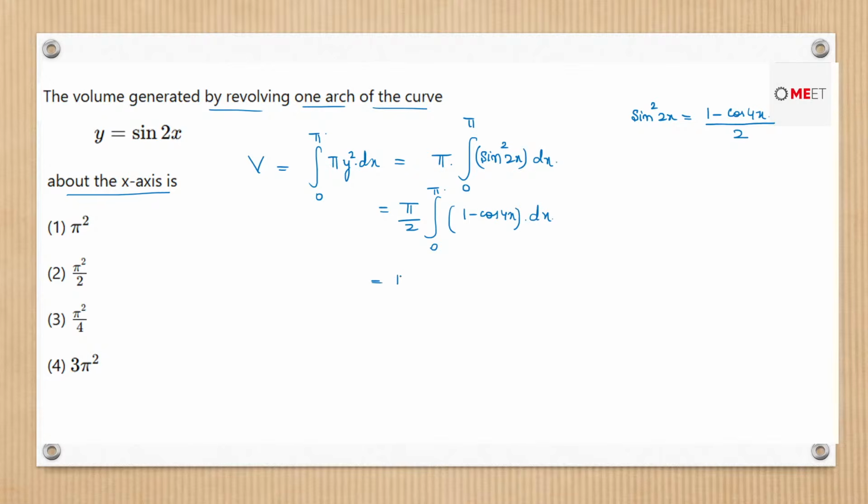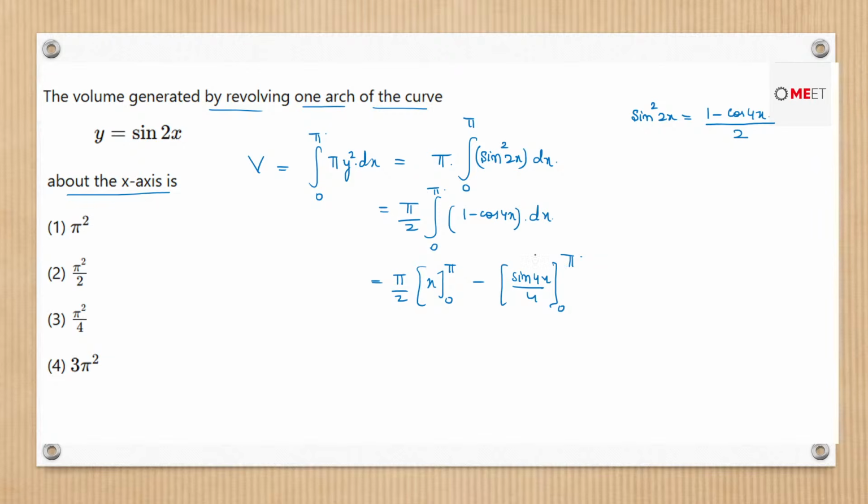So this is pi by 2. Integration of 1 is x, 0 to pi, minus integration of cos is sine 4x by 4, 0 to pi.